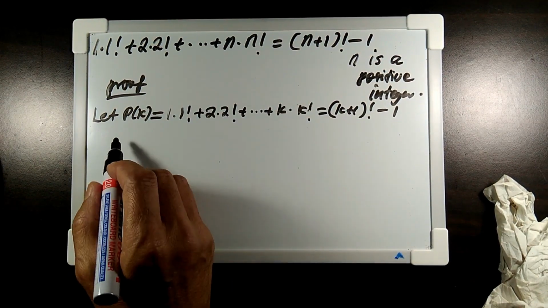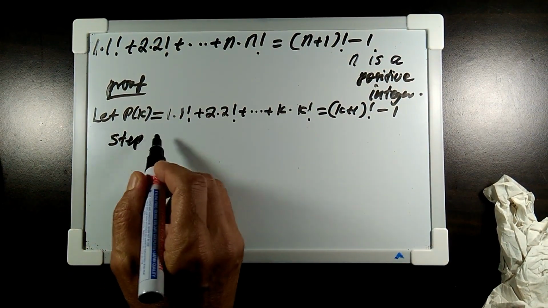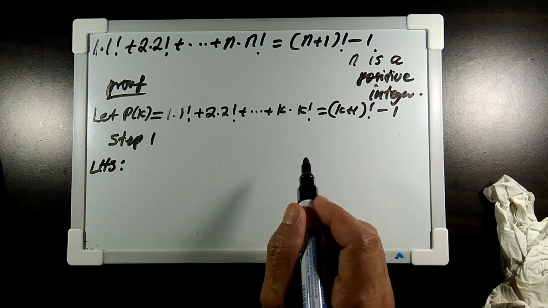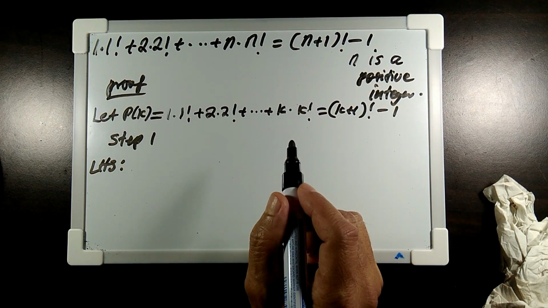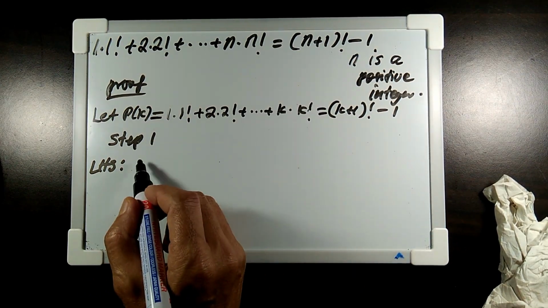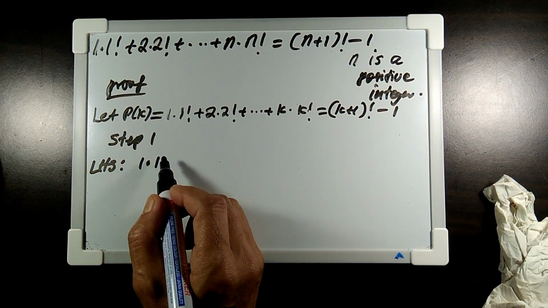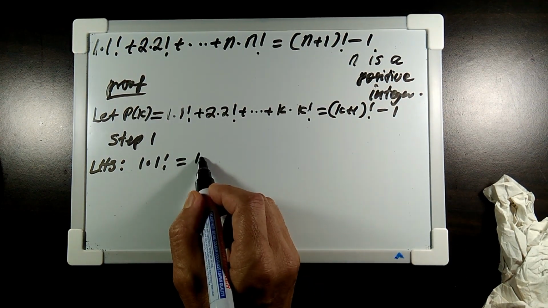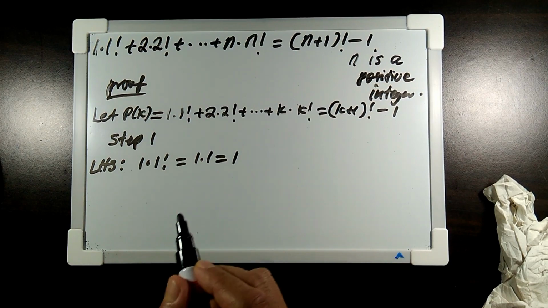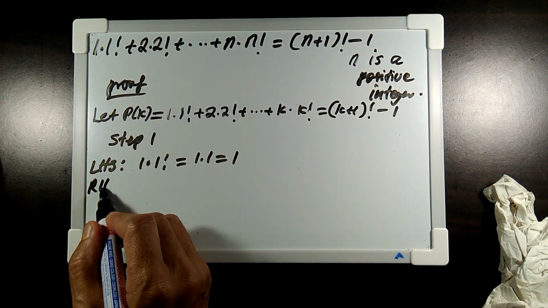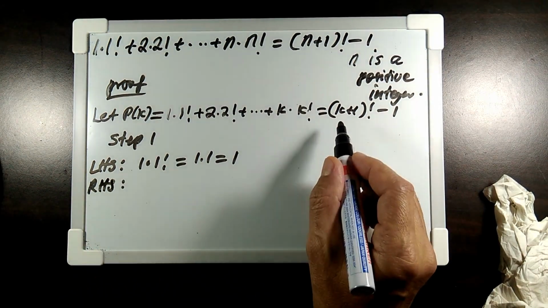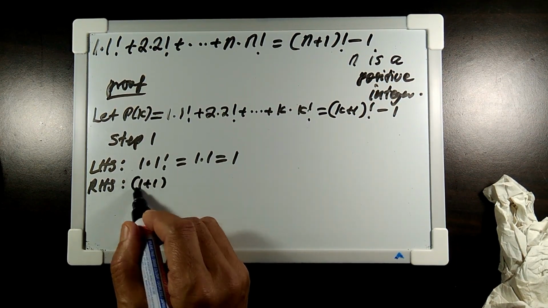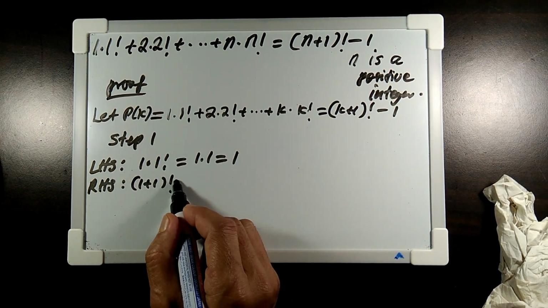Now let's check step number 1. For the left hand side, whenever we see k, we replace it by 1. So we have 1 multiplied by 1 factorial, and 1 factorial is equal to 1, so this is 1 multiplied by 1, equal to 1. For the right hand side, we have (1 plus 1) factorial minus 1.